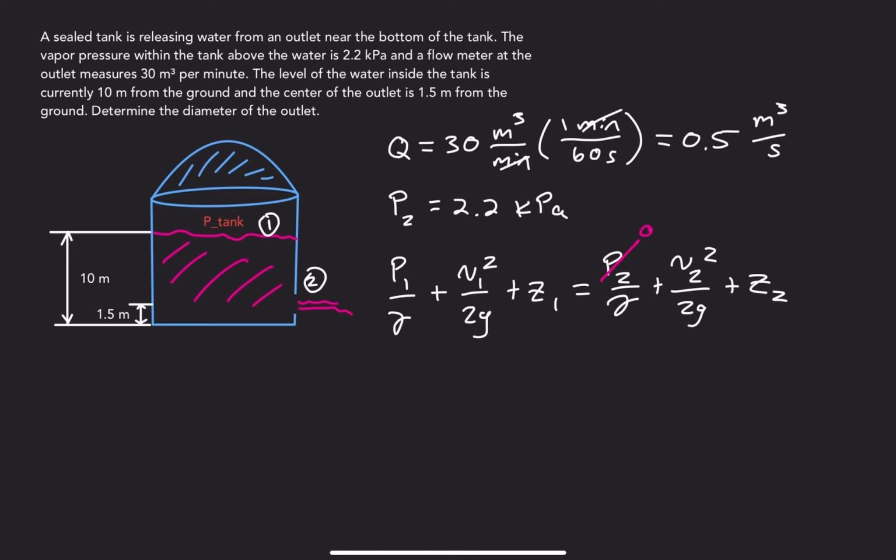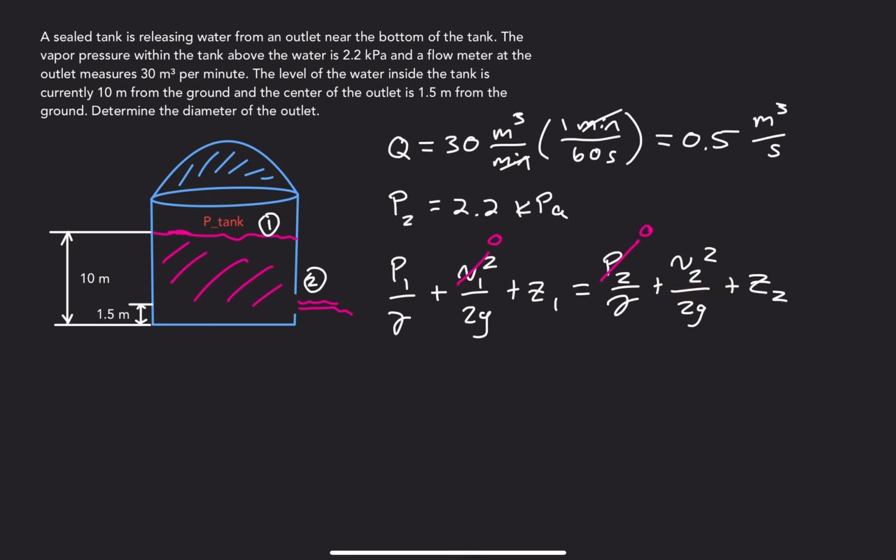We're going to consider that the velocity of the fluid at the top of the tank is moving very slow relative to the velocity at the outlet. So we'll consider V1 to be 0 as well. So now we have one equation with only one unknown, which is our V2.